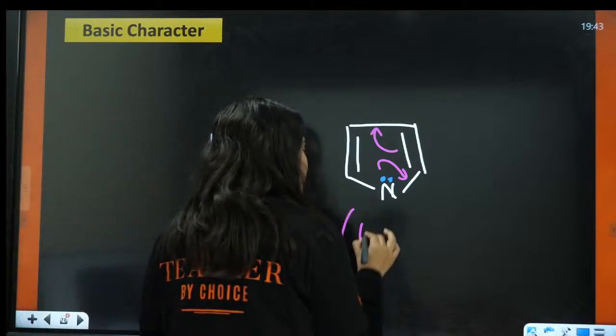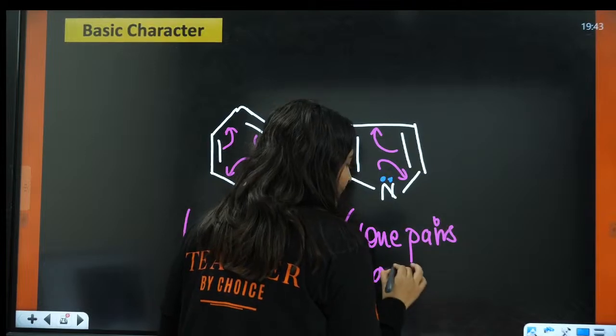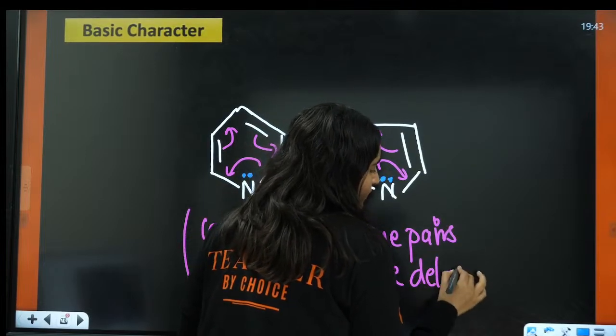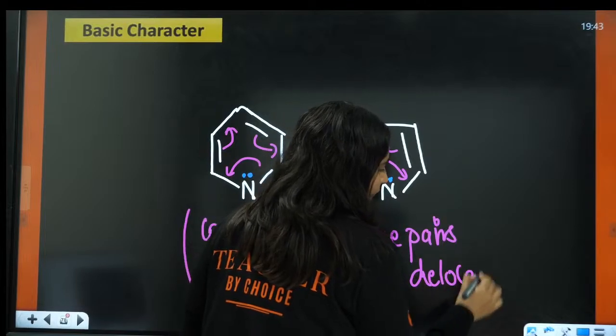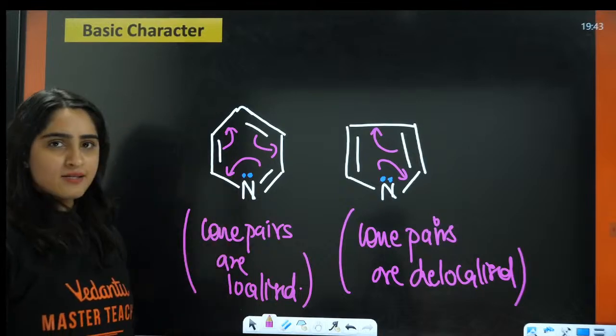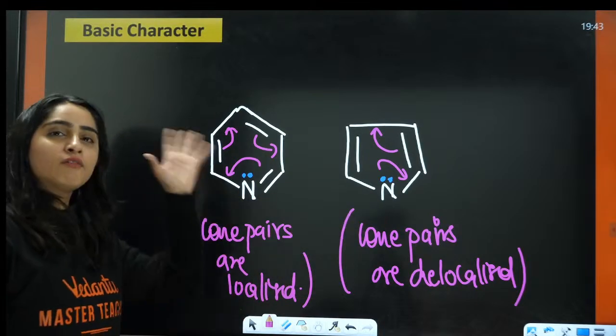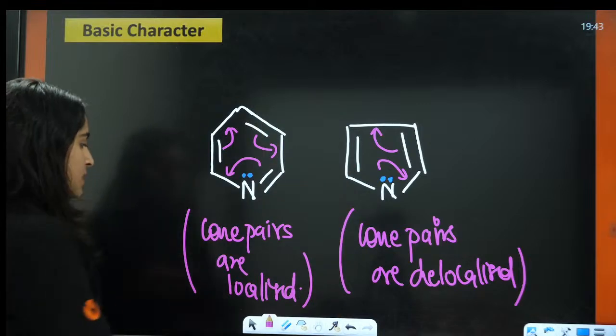Okay, that means this particular lone pair is actually involved in the resonance here. That means these lone pairs are delocalized. This is localized. This is delocalized. They are always available for your help and they are not available for your help, right?